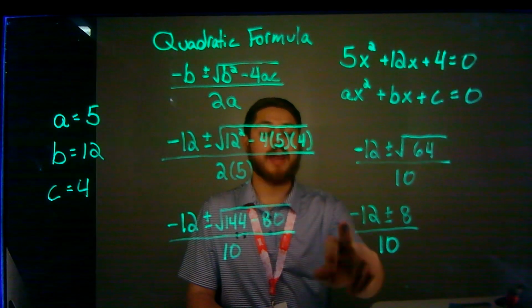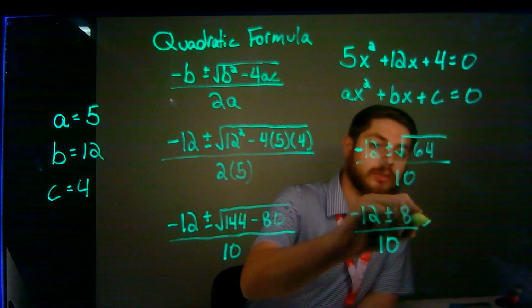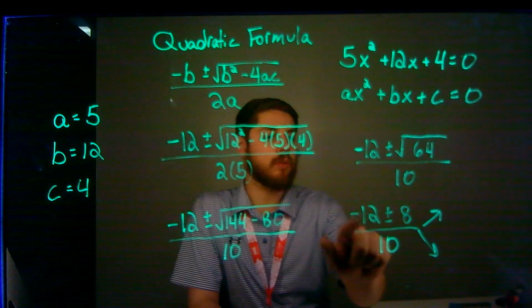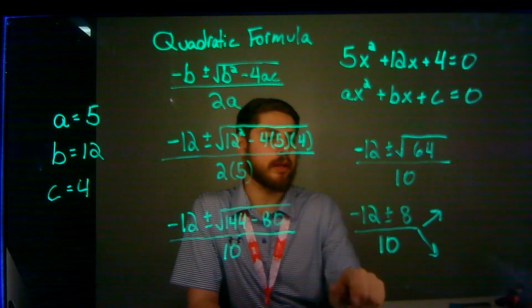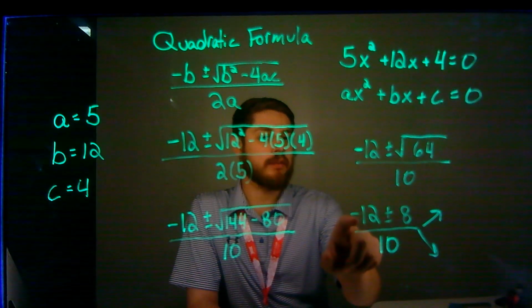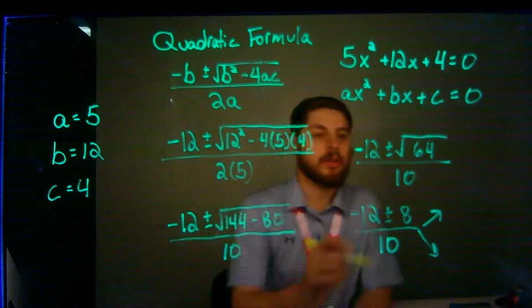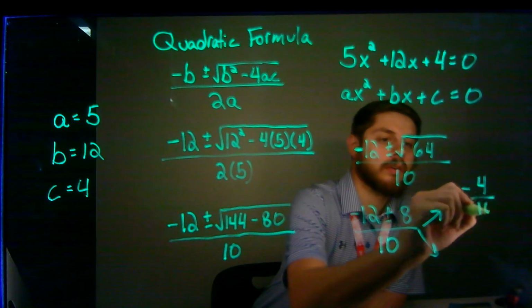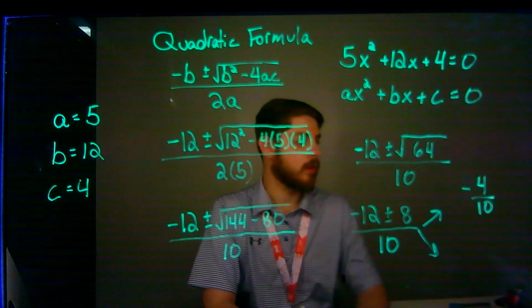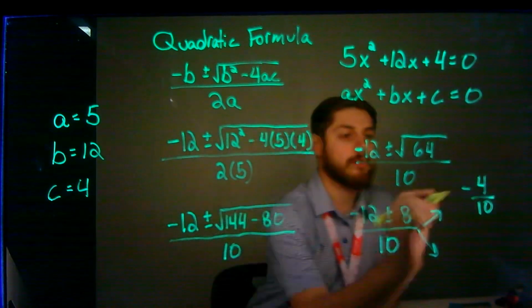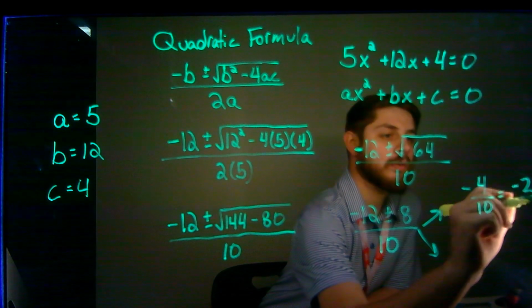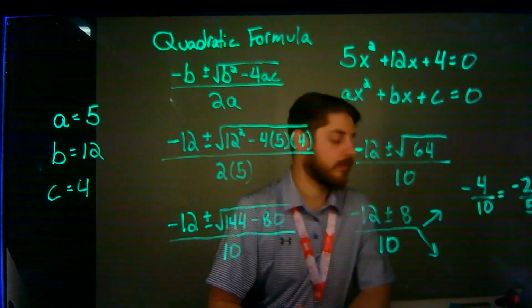8 over 10. And then now I'm going to split this into two separate expressions, one where I'm adding 8, one where I'm subtracting 8. So the first one I have is negative 12 plus 8. That's going to be negative 4 over 10. Well, negative 4 over 10 will simplify to negative 2 fifths.